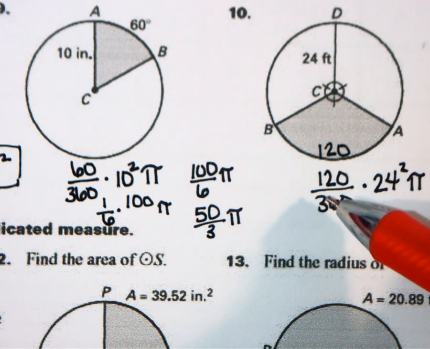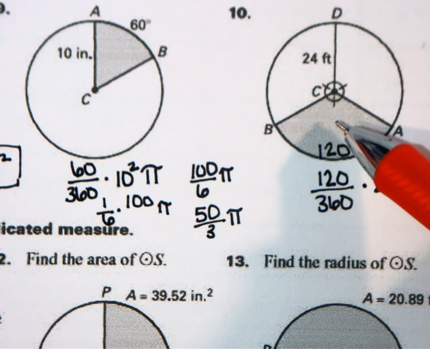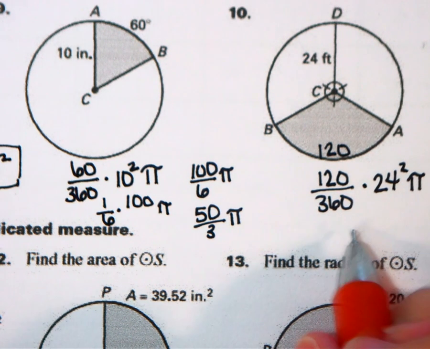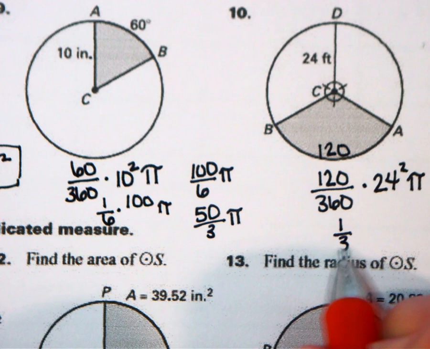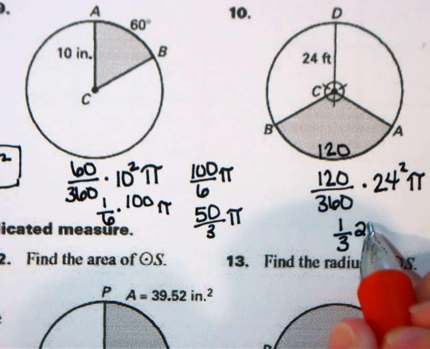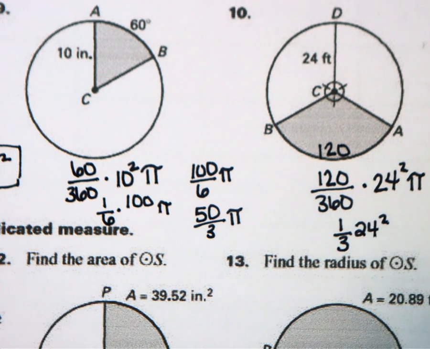But it's also showing you that this is one of 3 equal parts. So instead of doing 120 over 360, you could have just jumped right to 1/3. 1/3. And then multiply that times 24 squared, which most of us don't know that off the top of our head.